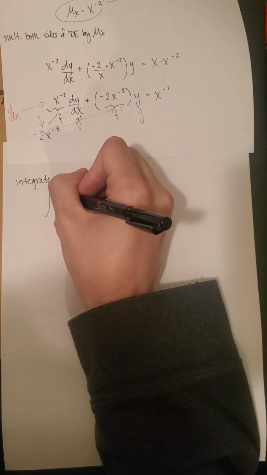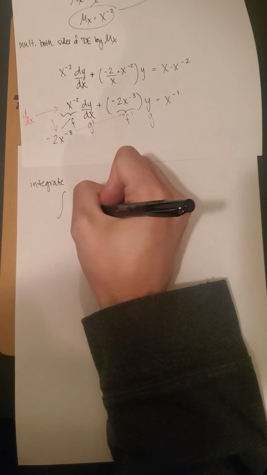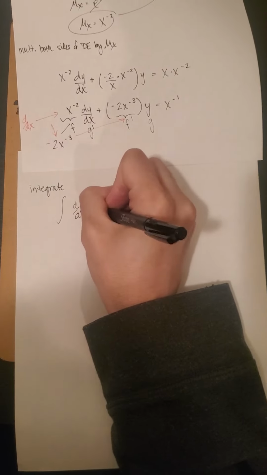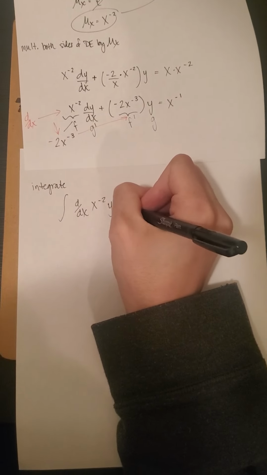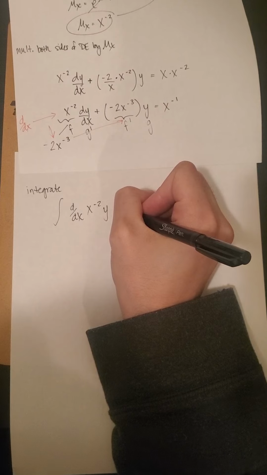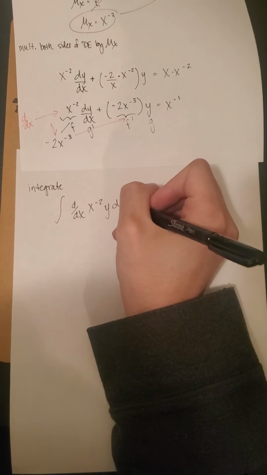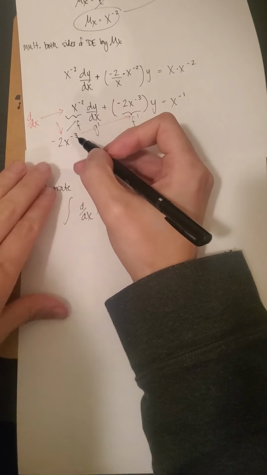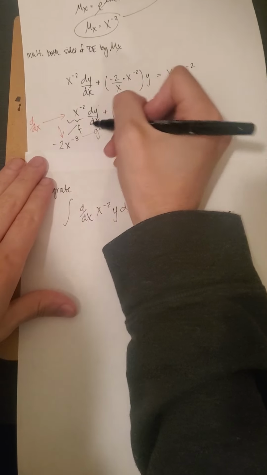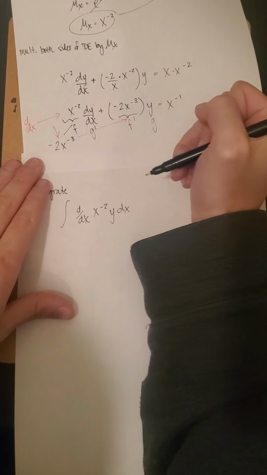The way you do it is d over dx of x to the negative 2 y, dx, right? Because we're only going to really care about integrating the right side; this is obviously going to cancel. We don't need to integrate it.